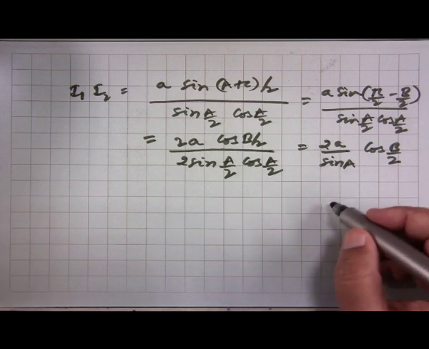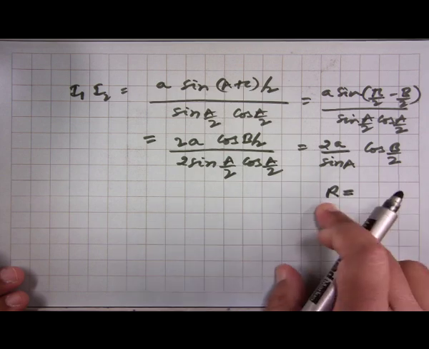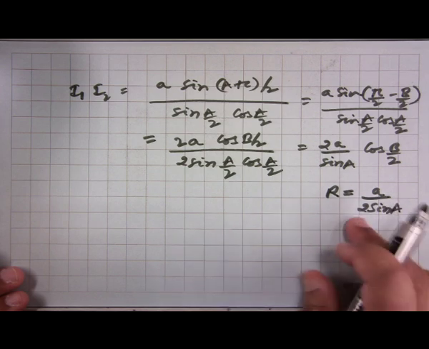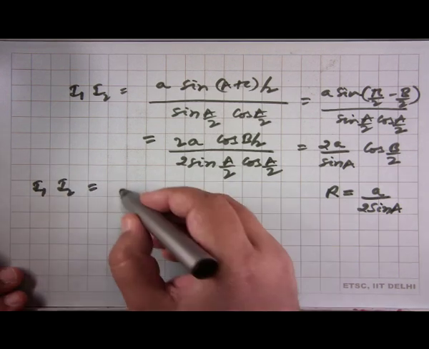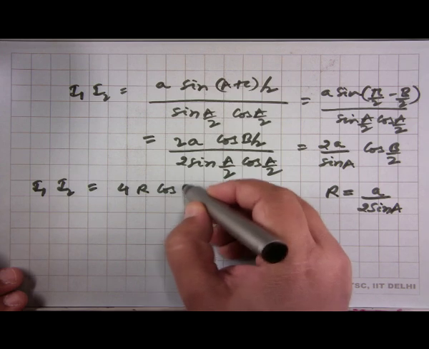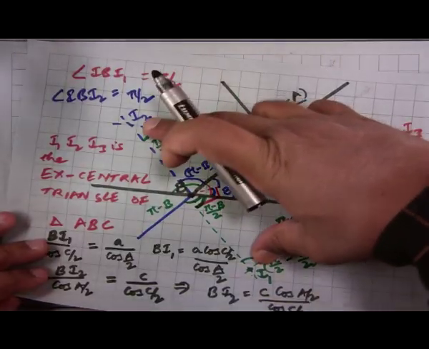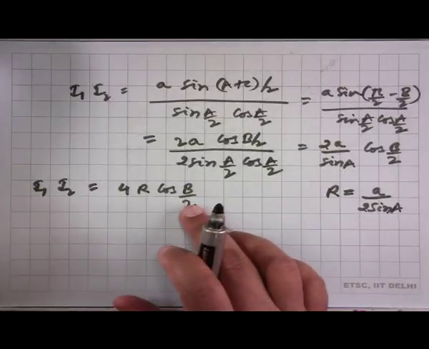But we know that for the triangle ABC, the radius of the circumcircle, the circumradius, is equal to a upon 2 sin A, and therefore, using this, we finally get that I1I2 is equal to 4R cos(B/2). So, what we have shown is that this length is equal to 4R cos(B/2).